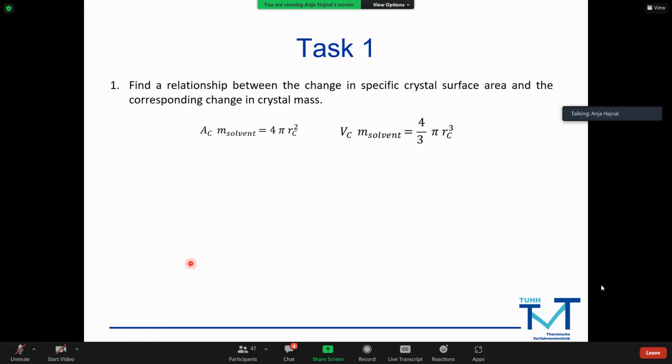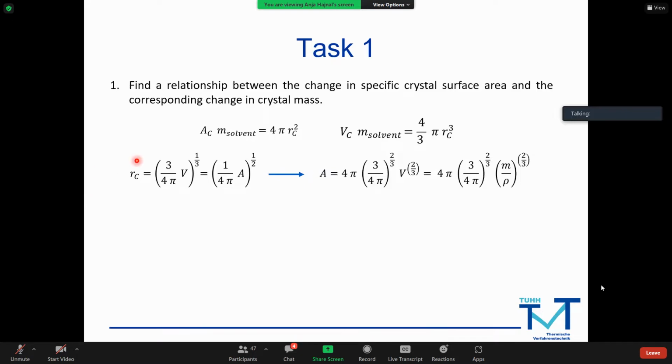All right. Let's start this slowly together. As I said, we can relate the crystal volume and the crystal area over the radius of our hypothetically spherical crystals, and from there we can express the crystal area.